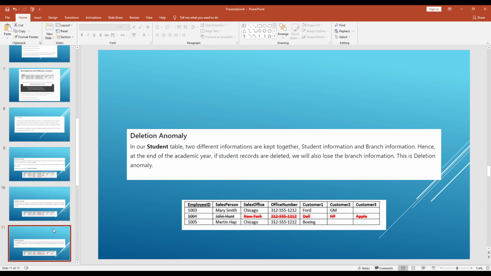Deletion anomaly. In our student table, two different pieces of information are kept together: student information and branch information. Hence at the end of the academic year, if student records are deleted, we will also lose the branch information.